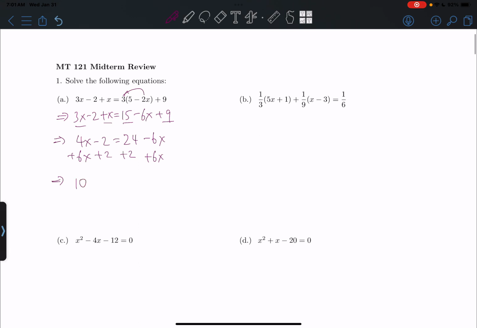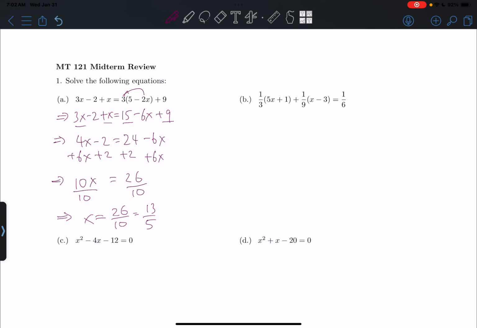We're going to get 10x equals 26, divided by 10 on both sides. x equals 26 over 10. And if you simplify that top and bottom by 2, you get 13 over 5. Double check the answers. Should be good.